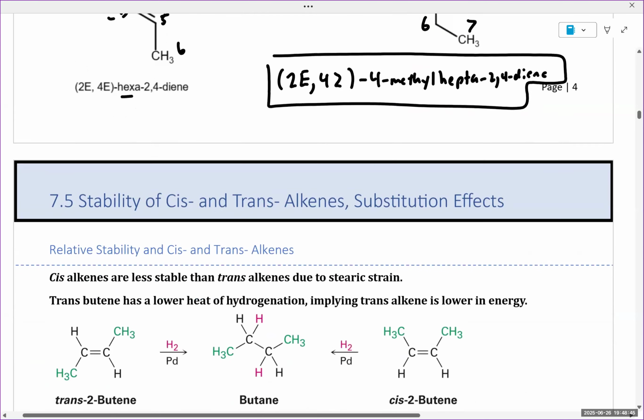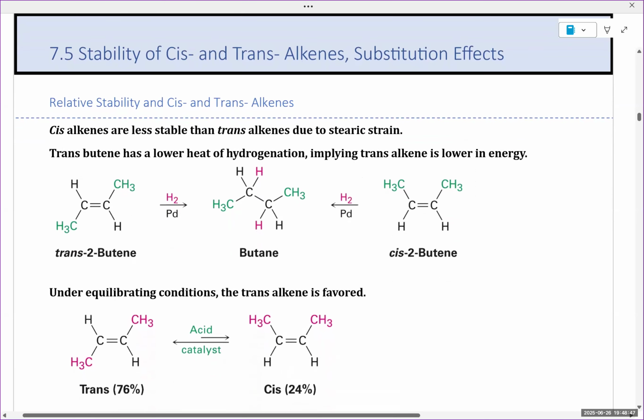Let's talk a little bit now about the stability of cis and trans alkenes and the effects of substitution on alkene stability. So if we look at the relative stability of cis and trans alkenes, cis alkenes are less stable than trans alkenes due to steric strain.